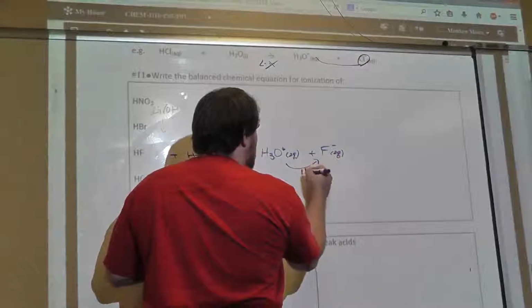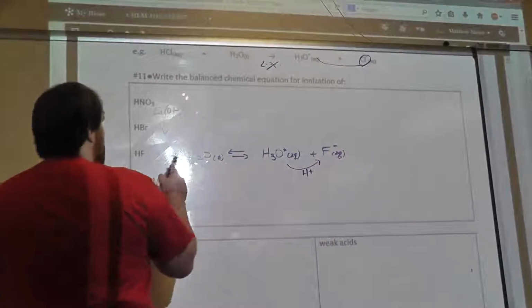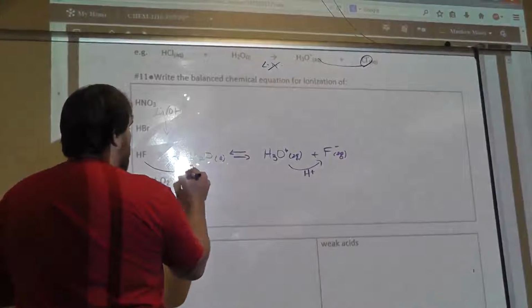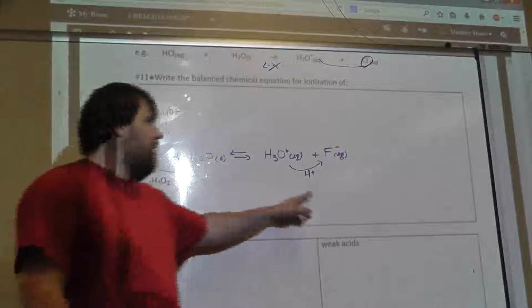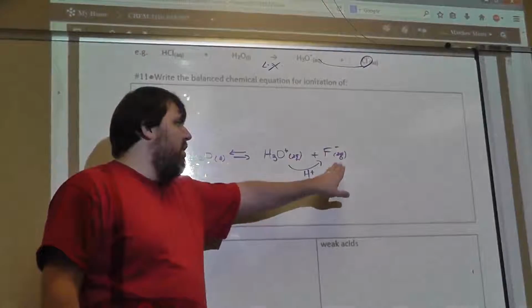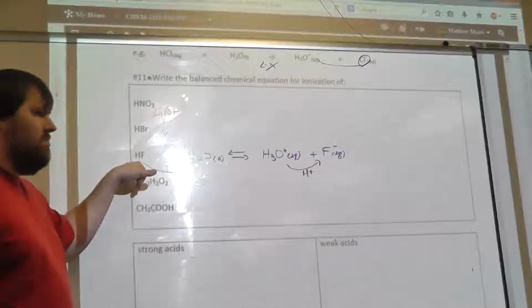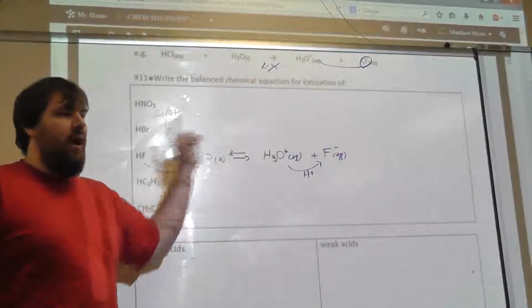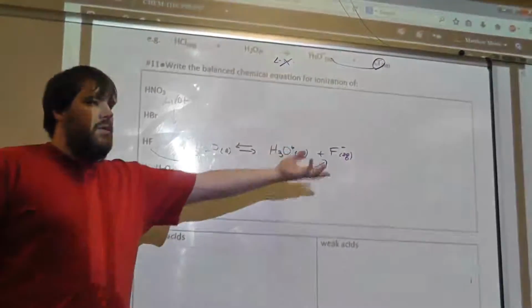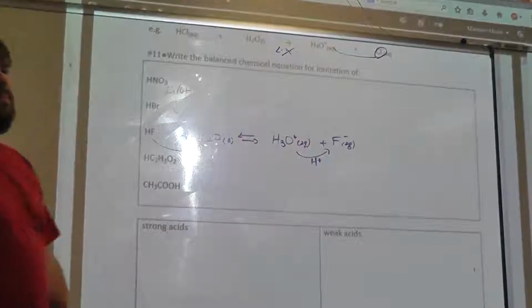So just as it gave the hydrogen away to start with to the water, it'll get it back. What you make coming backwards is more hydrofluoric acid and just neutral water. And they're oscillating back and forth. Some of this is breaking apart, some of that's coming back together.